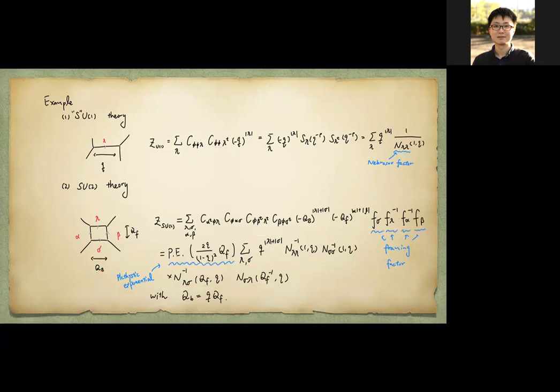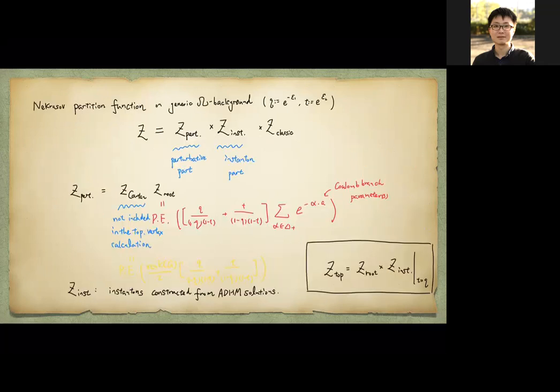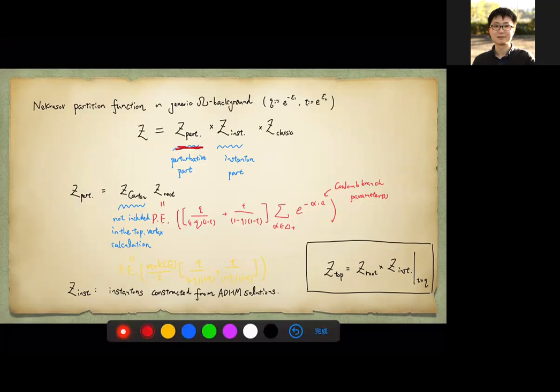Okay, so as I explained in the example of SU(2) gauge theory, the Nekrasov partition function can be well factorized into several parts, and what's reproduced in our calculation is some of the perturbative factor and the whole instanton part.